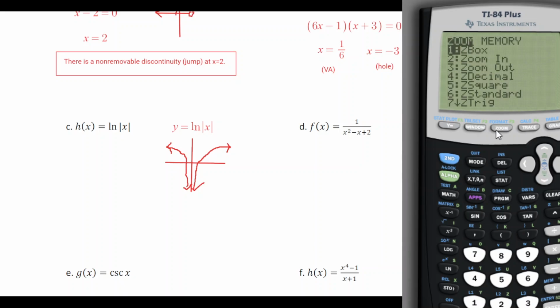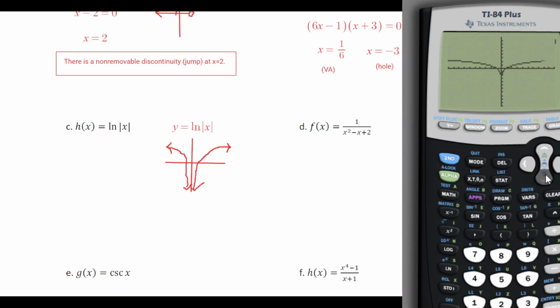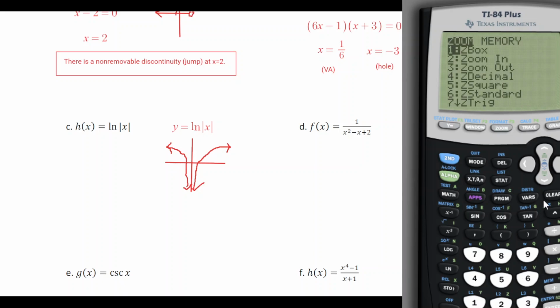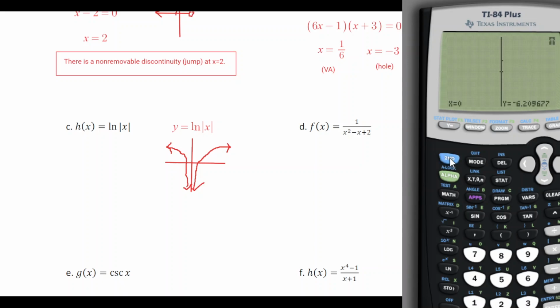I need a custom zoom here to really see it. So I'm going to zoom out and scroll down and zoom a little lower so you can see that they're not intersecting. It's so close to 0 you probably can't even see it. I have to zoom in even further, I guess. Yeah, the TI-84 is a little bit limited. I really don't like that.